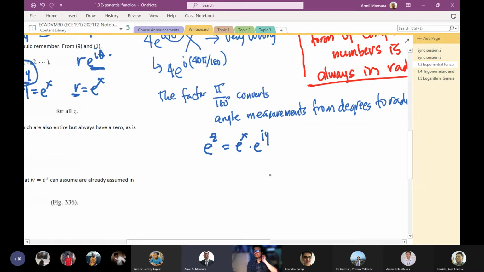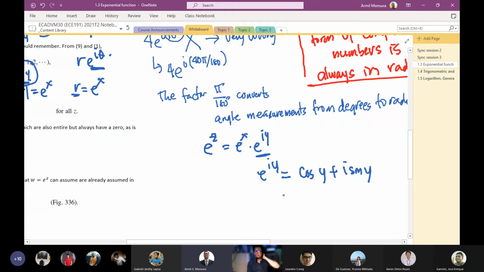So, again, we know for a fact that your y corresponds to the angle, which can be written in the polar form as cosine of y plus i sine of y.